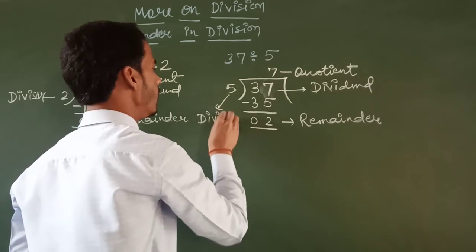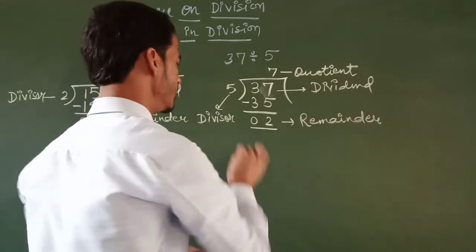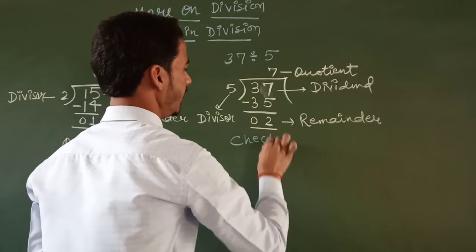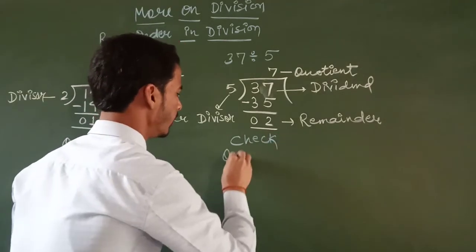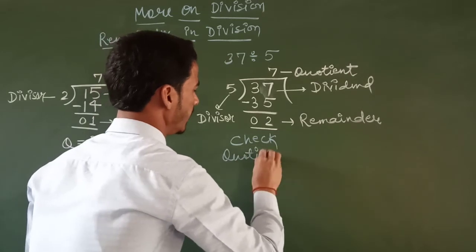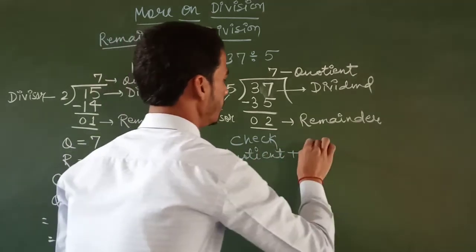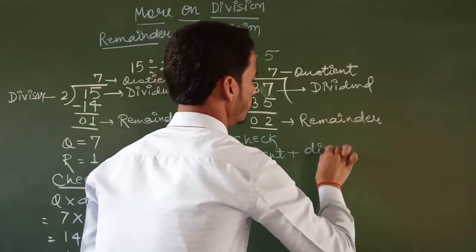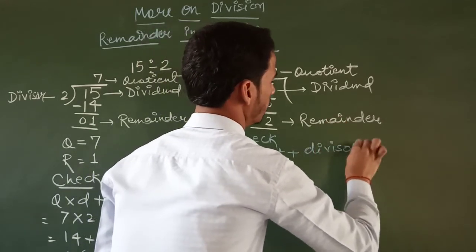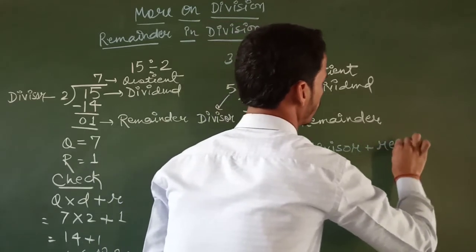And now how we can check it? Check is equal to quotient multiplied by divisor plus remainder.